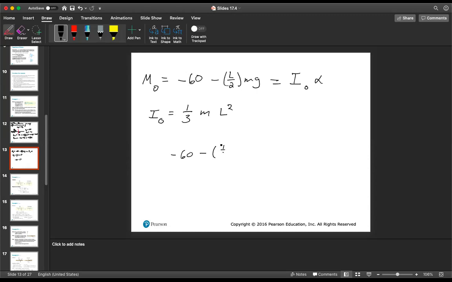minus 1, sorry, 3 halves, so it's 1.5, times the mass, which was 20, times g, which is 9.81. That has to equal the moment of inertia, which is 1/3 mL squared times alpha.